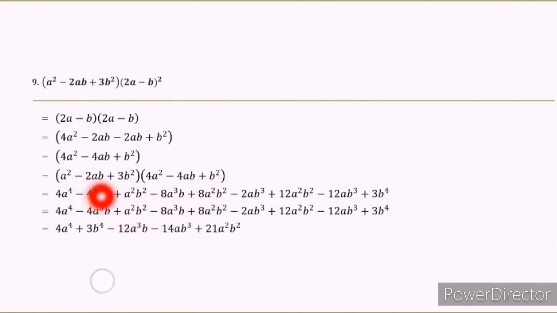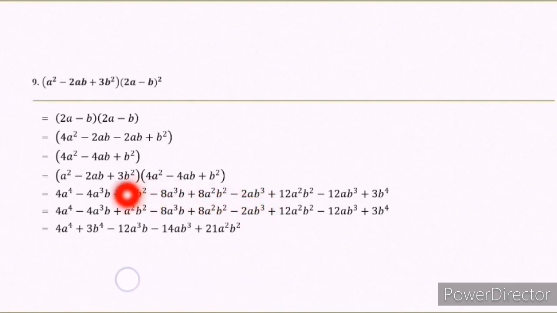Then 2ab times 4a squared is equal to 8a cubed b. 2ab times 4ab is equal to 8a squared b squared. 2ab times b squared is equal to 2ab cubed.